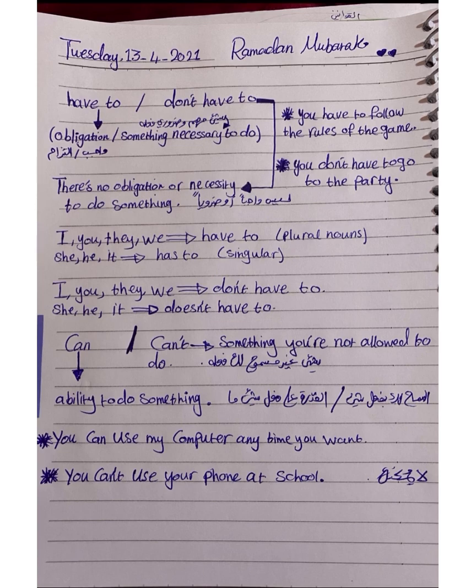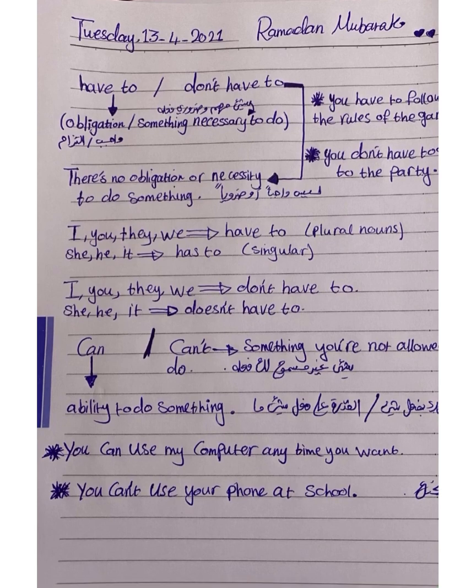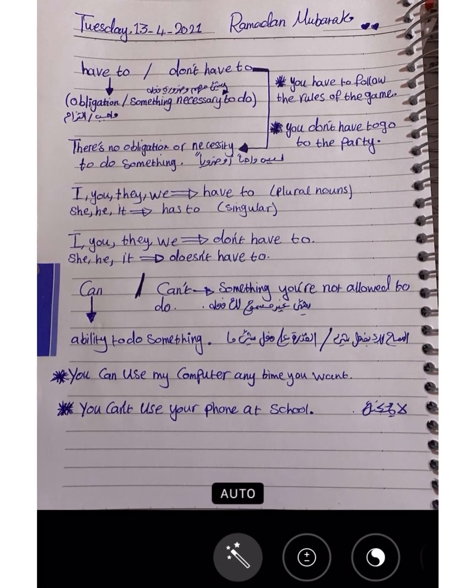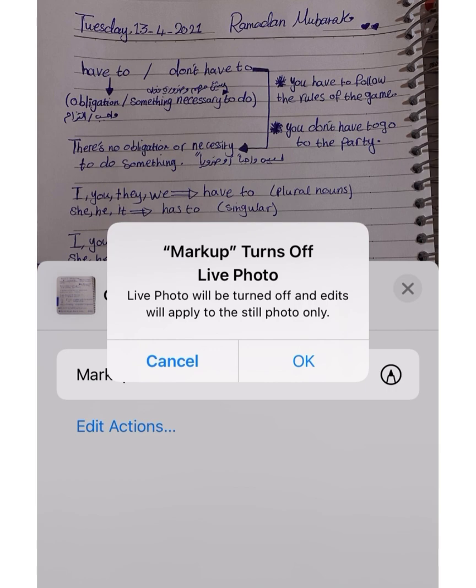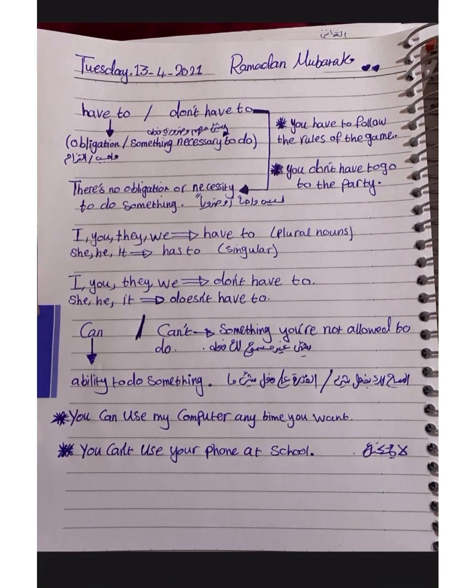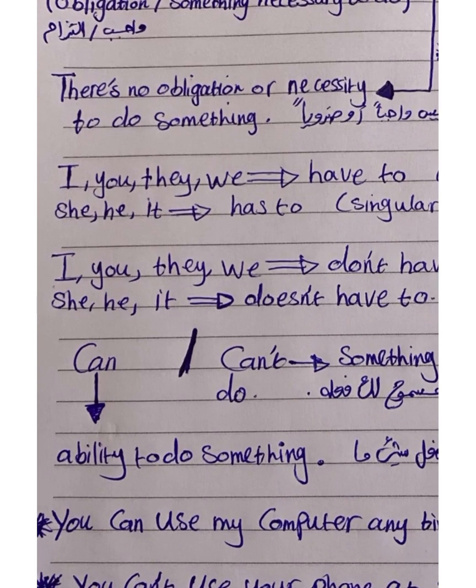Now, have to and don't have to. Look. For I, you, they, we, what do they take?